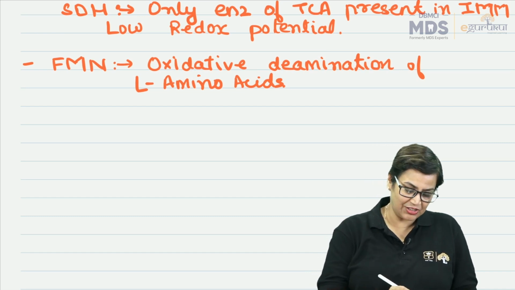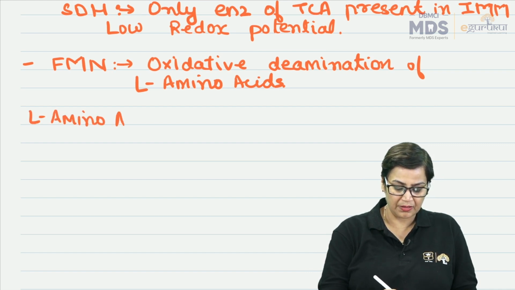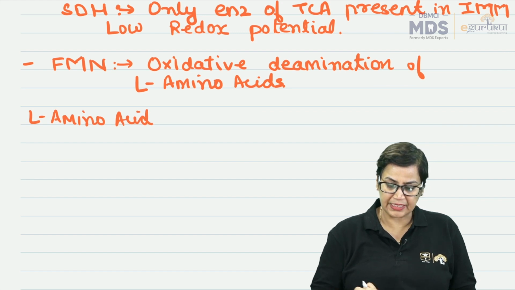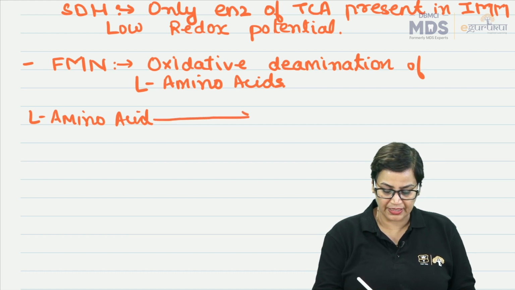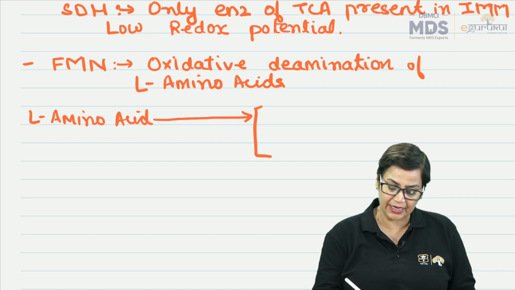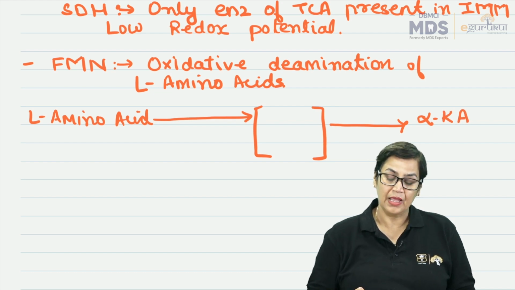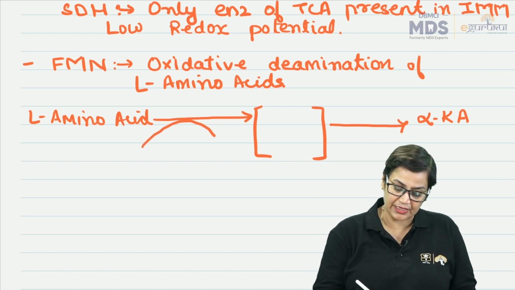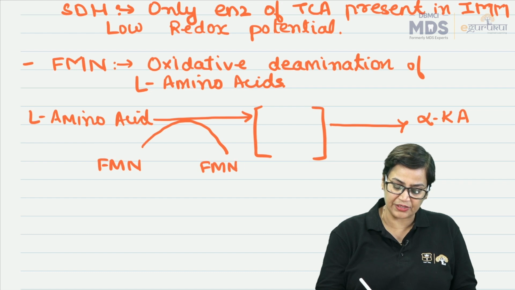And if you look at the reaction, this is the L-amino acid. Since it is auto-oxidizable, L-amino acid will be converted into an intermediate which dissociates to form alpha keto acid. Because this is a very important example of deamination, and this is auto-oxidizable. What do you mean by auto-oxidizable? On one hand, FMN is being converted into FMNH2.